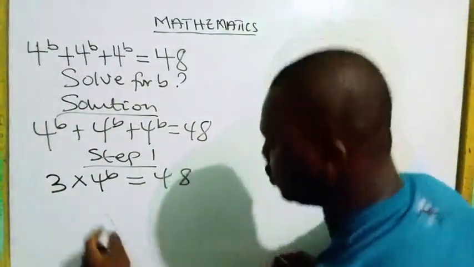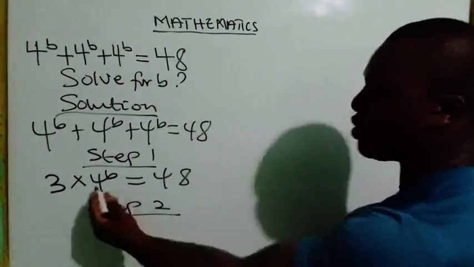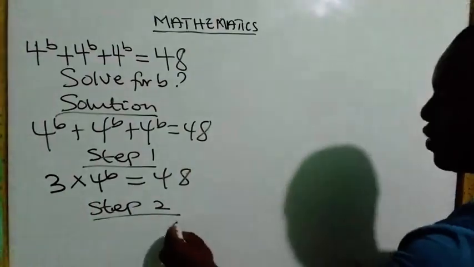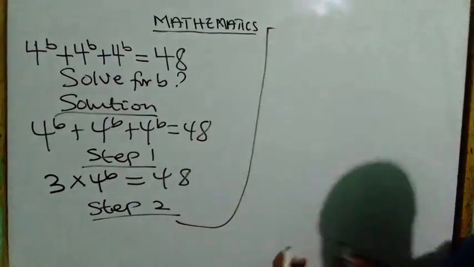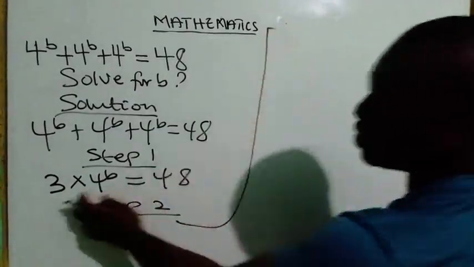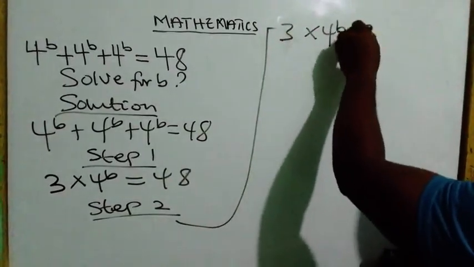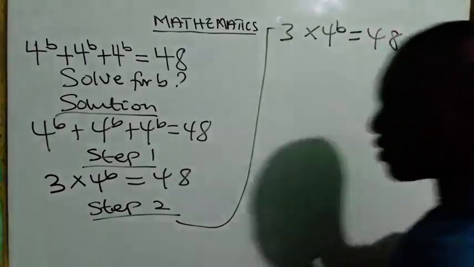So now step 2. Let's see what we are going to do. Now we are having 3 times 4 raised to the power b equal to 48. All right.